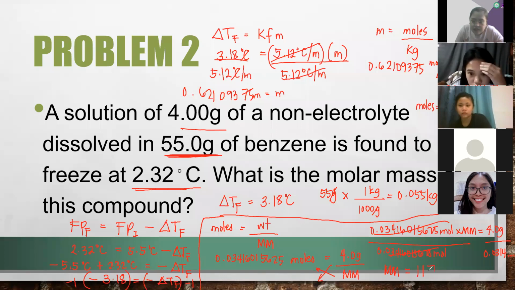The correct answer is 117.10. Take note of the unit, grams per mole. Grams per mole. So who got the correct answer? 117.10 grams per mole.